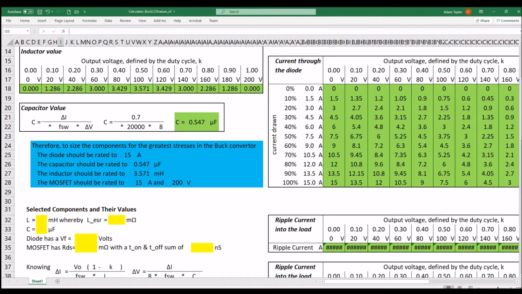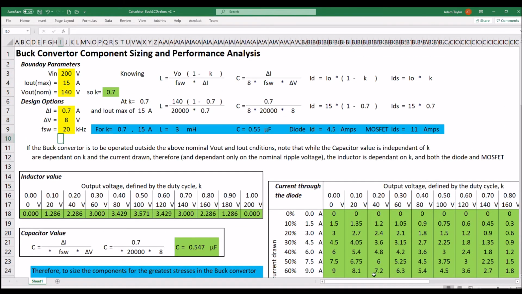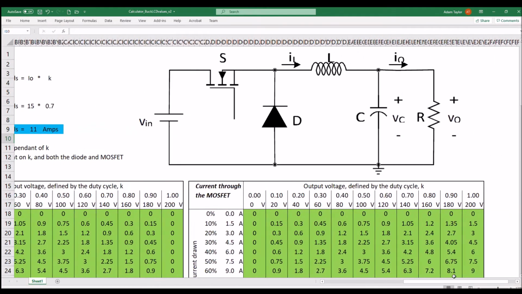And in a buck converter, if we come up and look at the diagram, if the duty cycle was 1 and the output voltage equaled the input voltage, we would have maximum current flowing through our inductor. So we need to make sure that our drain to source current capabilities of this MOSFET are our load current, 15 amps.